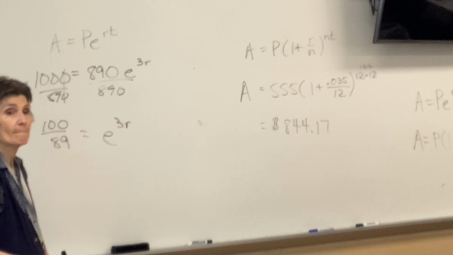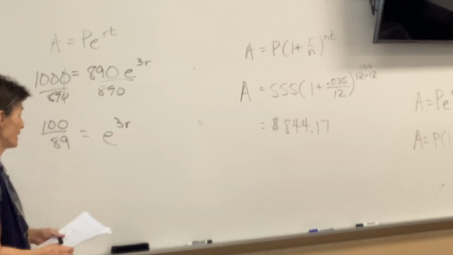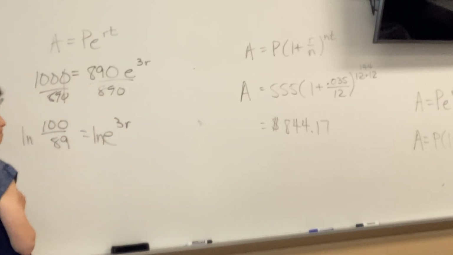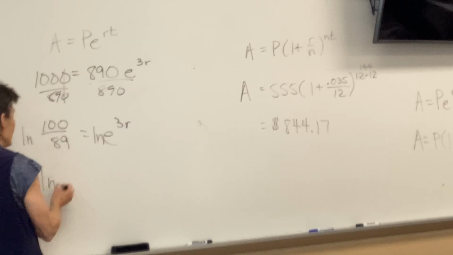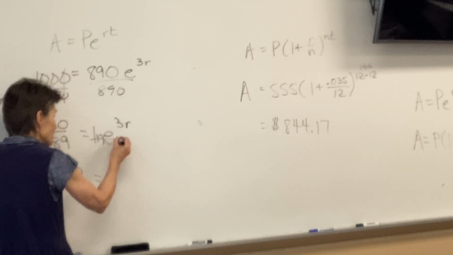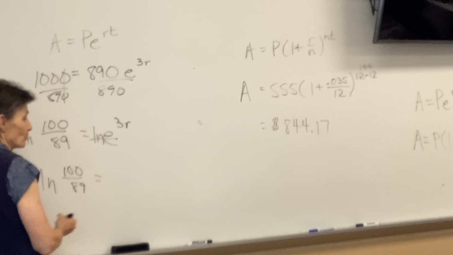Now what? We're gonna ln both sides. So ln 100 over 89 equals 3r.